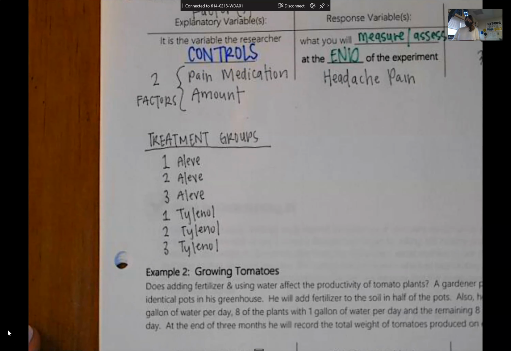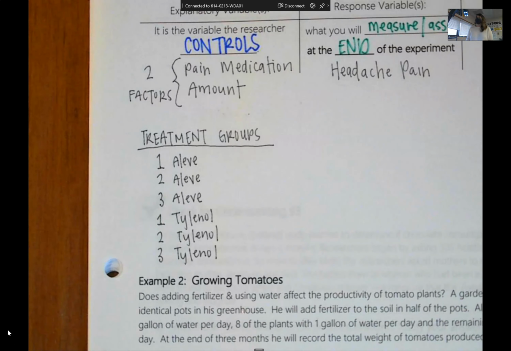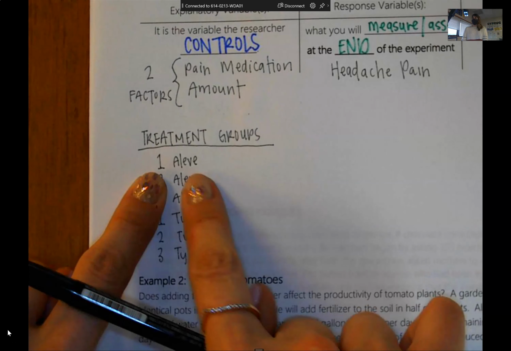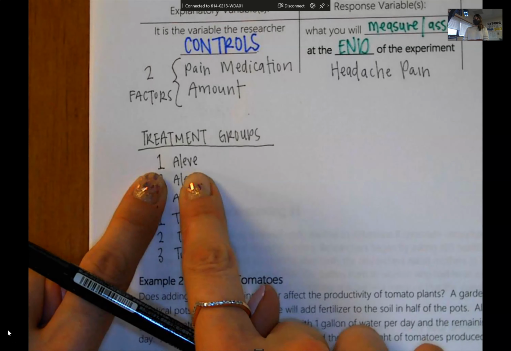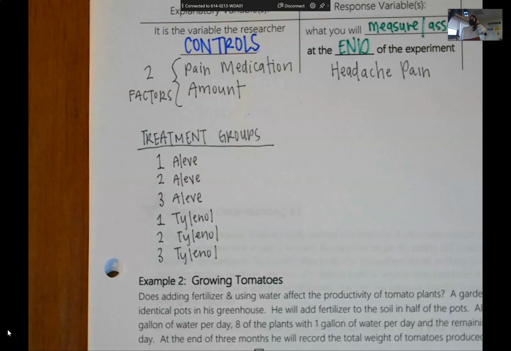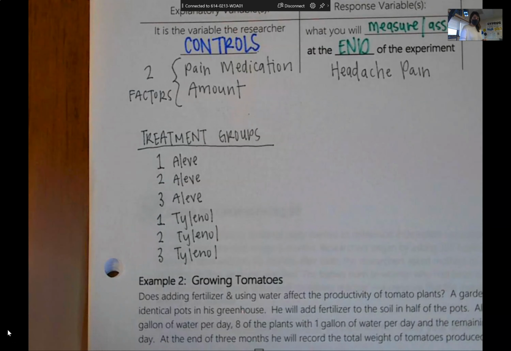And one thing to note within this is that you can see both factors in the group. So 1 Aleve, that's 2 factors. 2 Aleve, that's 2 factors. So I end up getting 6 treatment groups.